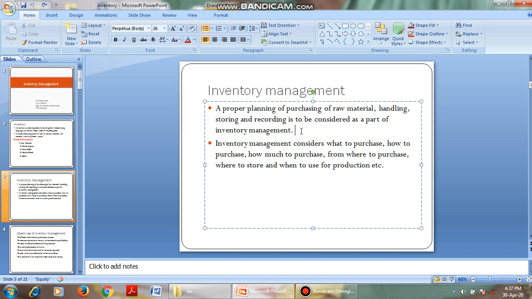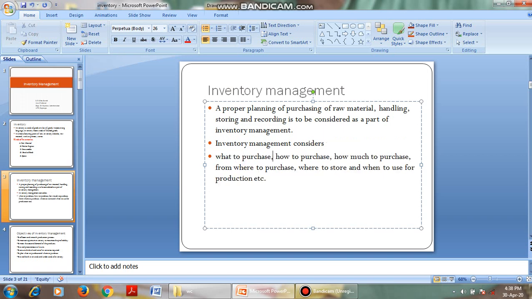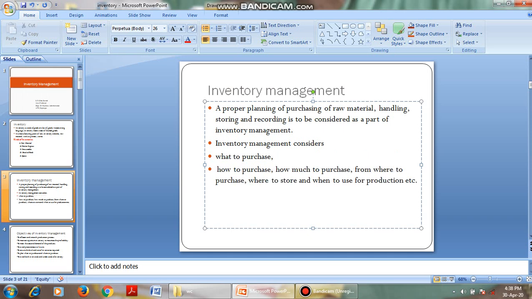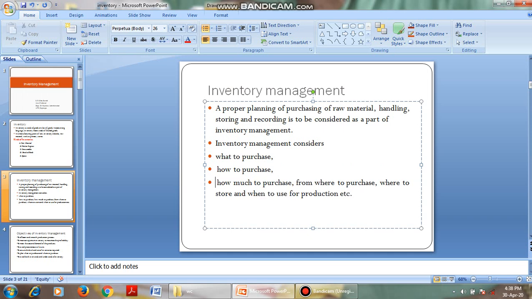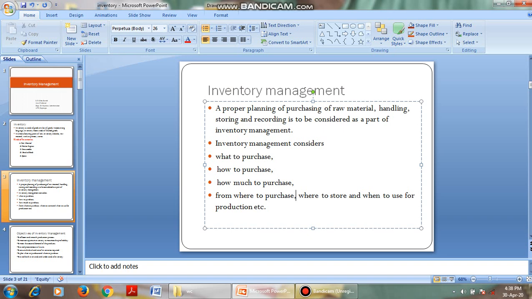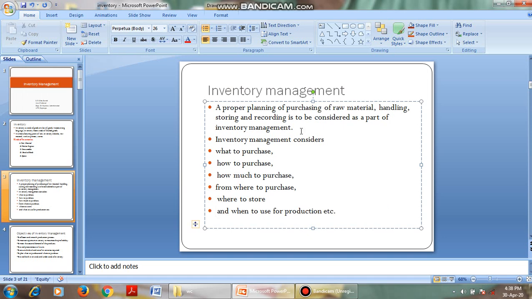Then, inventory management considers what to purchase, that is, what we have to purchase, and how to purchase, that is, what is the process of purchasing it. Next, how much quantity we have to purchase and from where we have to purchase, that is, who is the seller for the goods or inventory, and where to store the inventory, and when to use it for production.